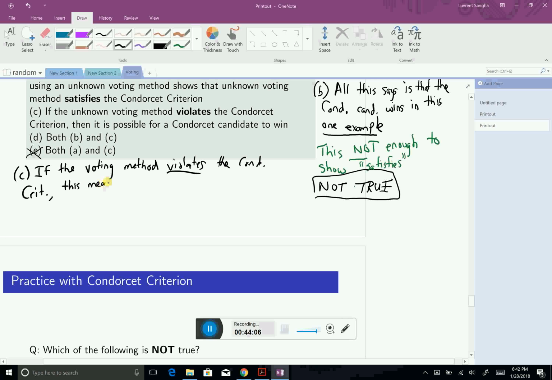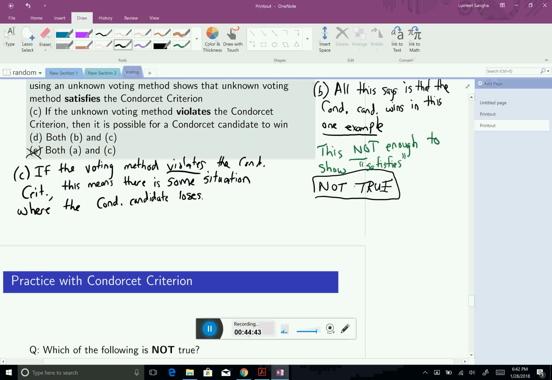This means there is some situation where the Condorcet candidate loses.